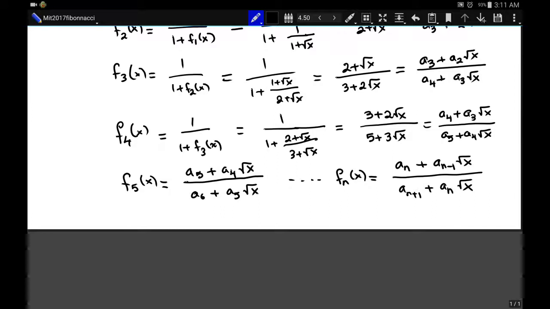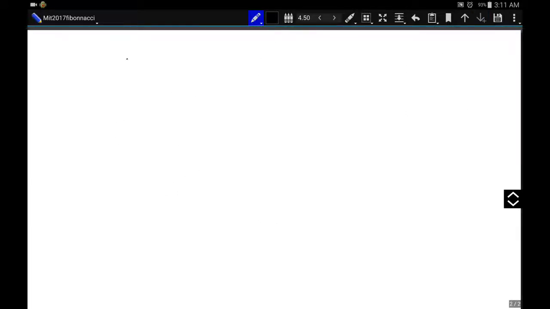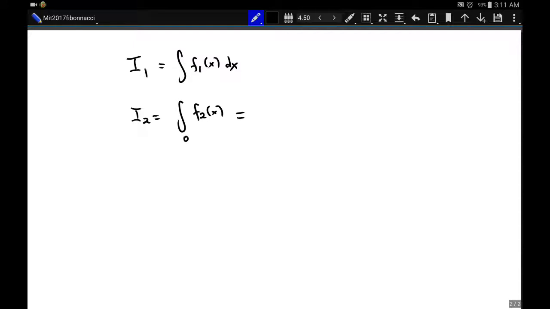So I have this. Why did I observe this? Because I1 is the integral of f1. I2 is the integral of f2, which is from 0 to 1, of course, f2 becomes 1 plus root x divided by 2 plus root x dx from 0 to 1.